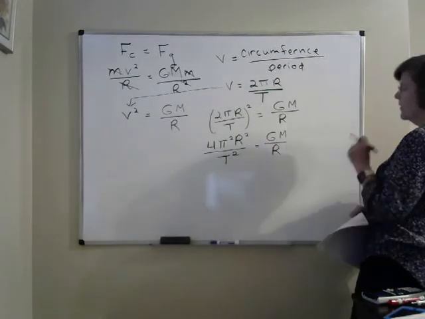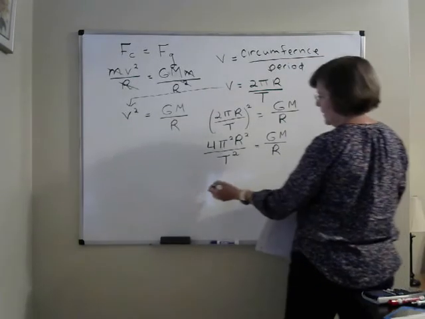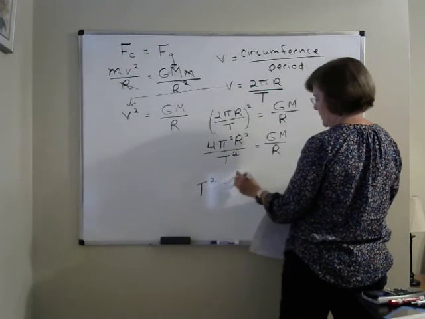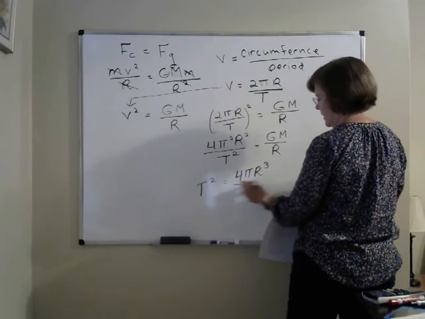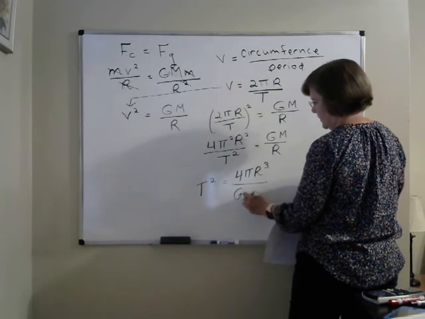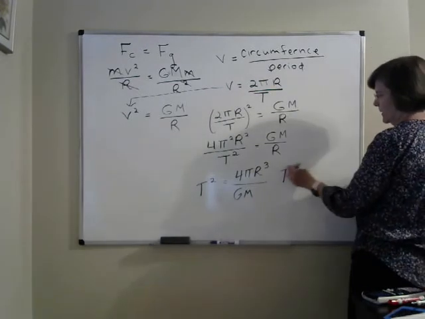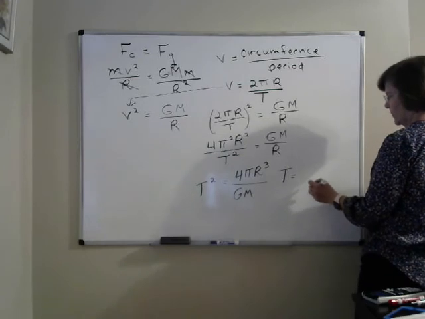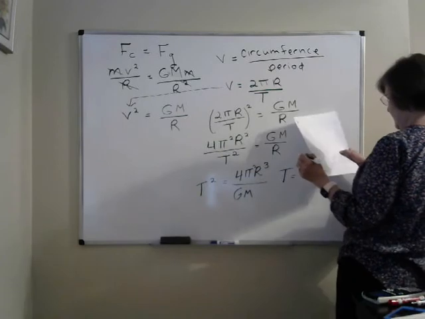I'm going to solve this for T. If I solve this for T squared, I get T squared equals 4 pi squared r cubed over GM, or T equals the square root of all that.